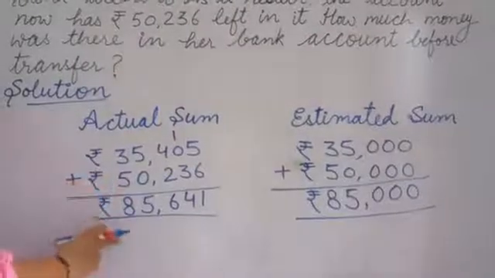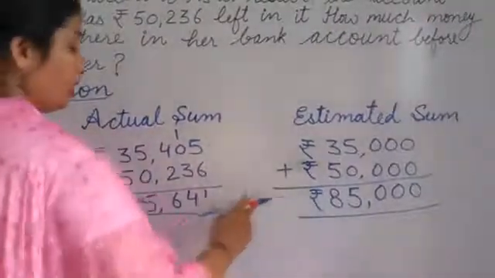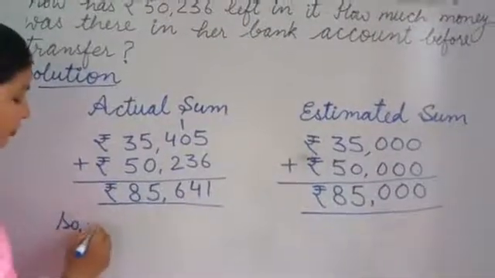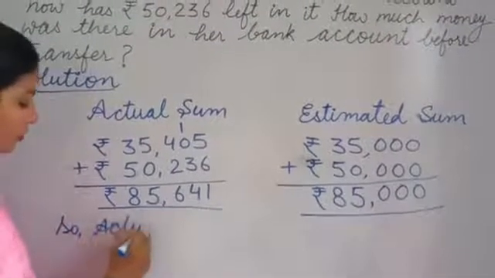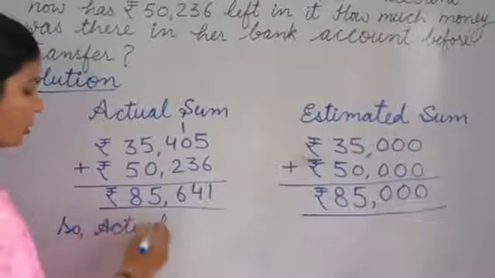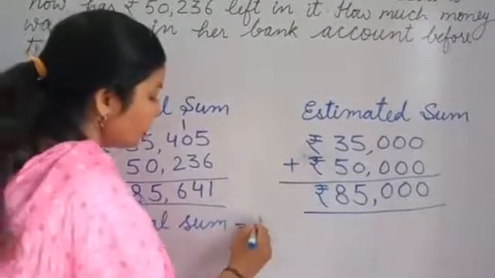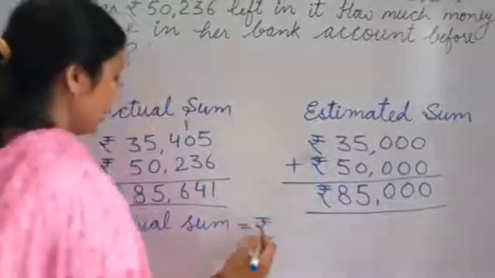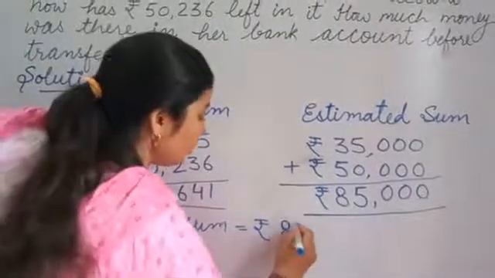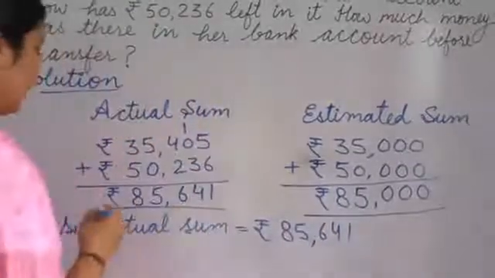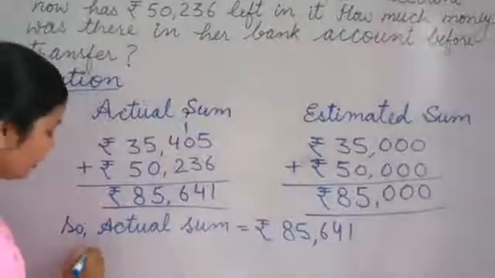So this is actual and this is estimated. We can write here: actual sum equals rupees 85,641, and here we write estimated sum.